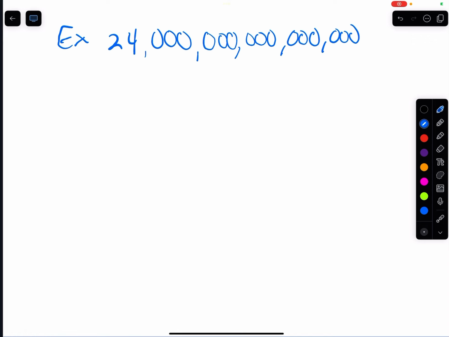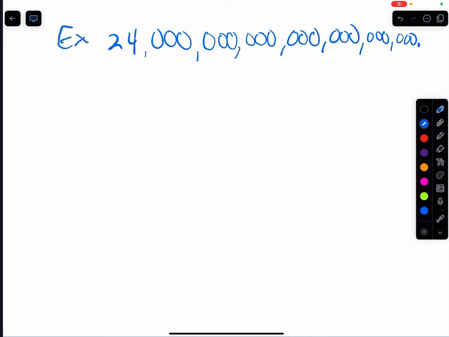Let's see if I have that right. 3, 6, 9, 12, 15, 18, 21. That's a lot of zeros. And we want to convert this to scientific notation. Well, our decimal is considered to be right here.